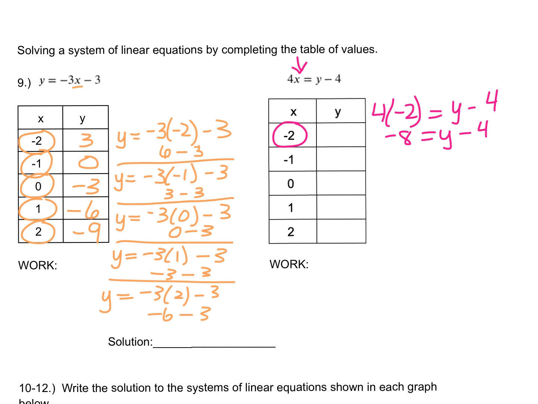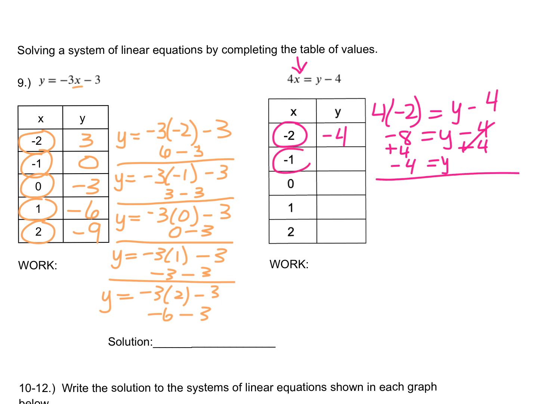Okay. And now I need to figure out what the y is. So I need to get y by itself. So I can add 4 to both sides. That gets y by itself. And we get -4 for our first y value.